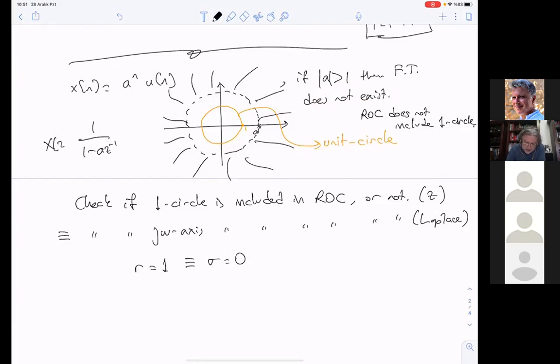This is X of Z. It exists for all Z values with a magnitude greater than A. So you have to choose a radius, Z magnitude, greater than A, and travel around this region of convergence, which is outside of a circle.